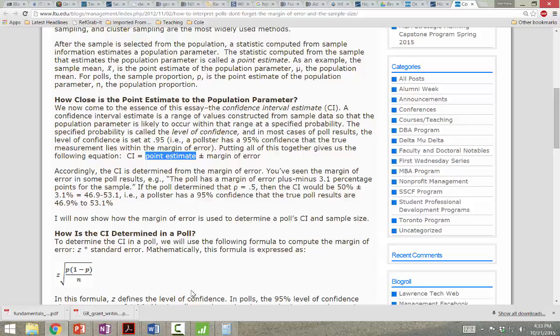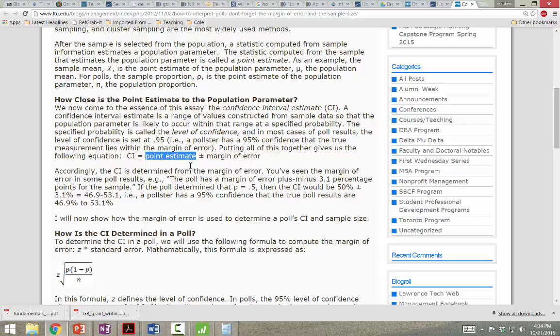Right? We've been working with confidence intervals when we said the empirical rule, plus or minus 2 standard deviations. That's a confidence interval. In this case, instead of saying plus or minus 2 standard deviations, we're saying plus or minus the margin of error, and we're going to learn how we calculate that margin of error. We just learned in the Chapter 8 PowerPoint that when we're talking about means, the margin of error refers to the standard error of the mean, and we calculate it by taking the standard deviation and dividing it by the square root of n.